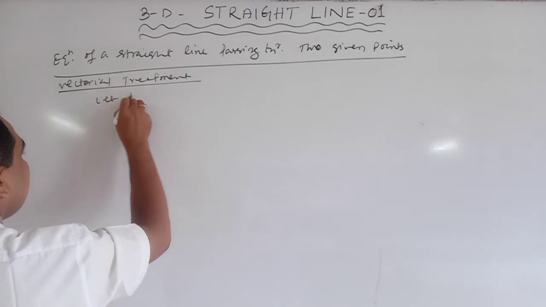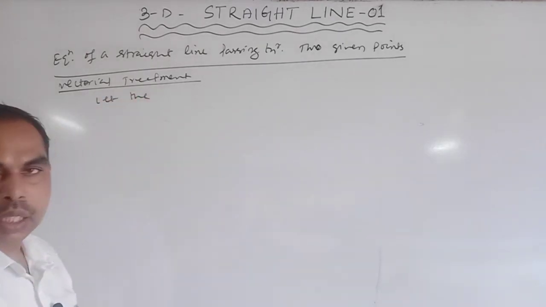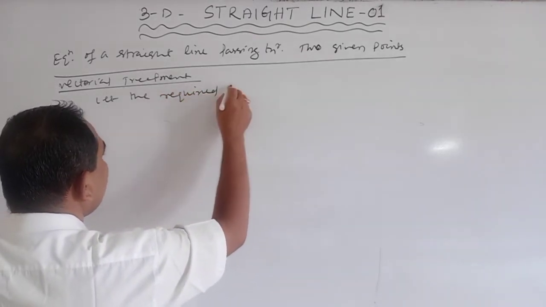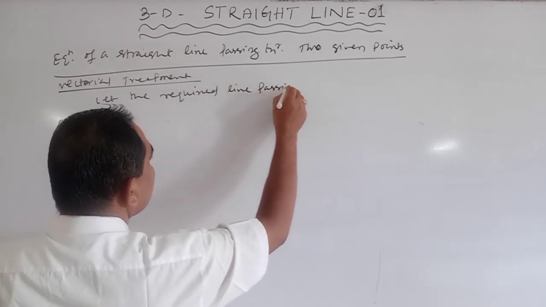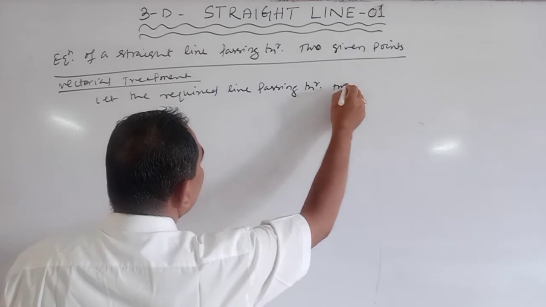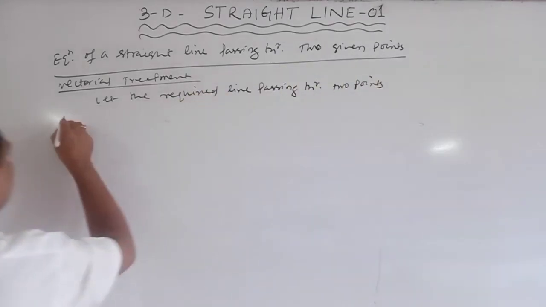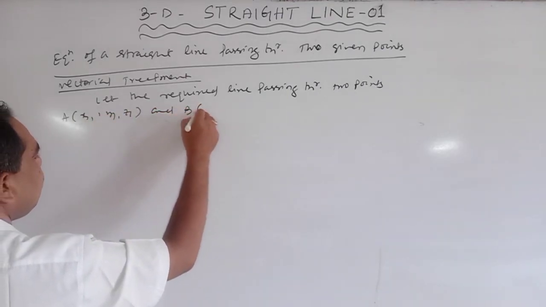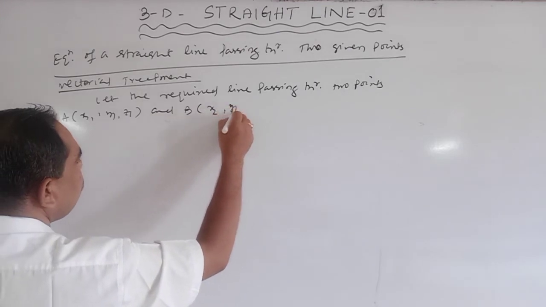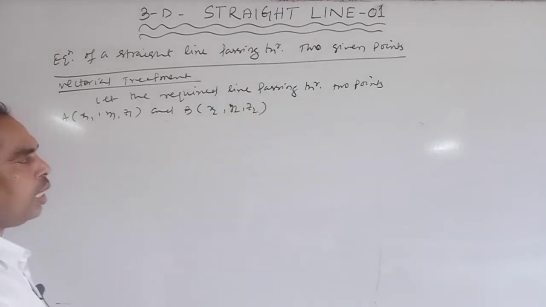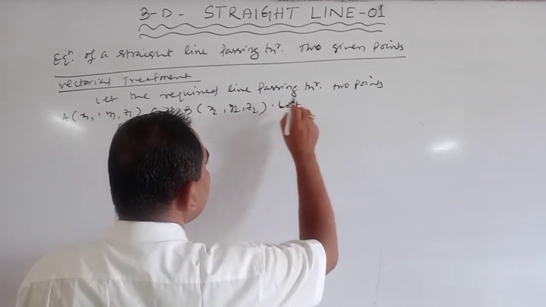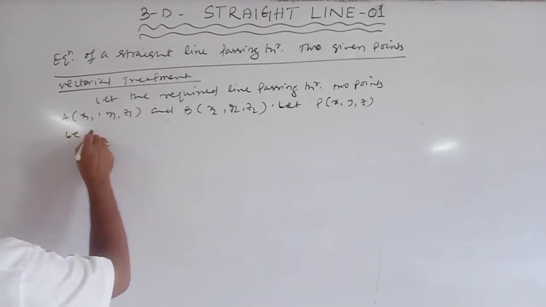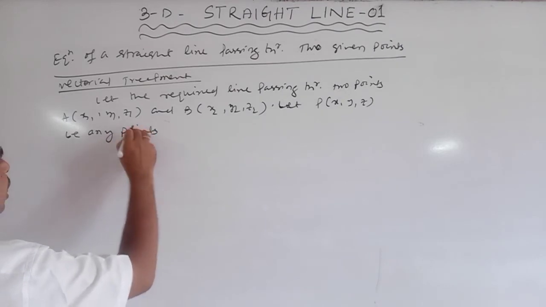Let the required line pass through two points, capital A with coordinate x1 y1 z1 and capital B with coordinate x2 y2 z2. Let P with coordinate x comma y comma z be any point on the line.